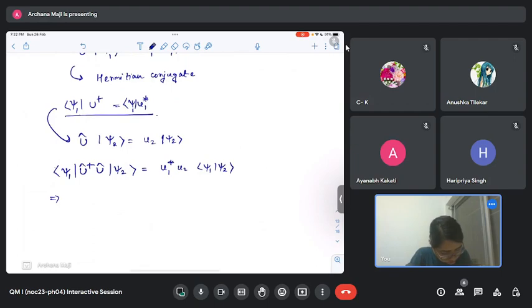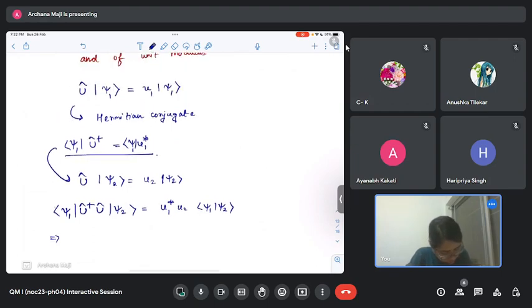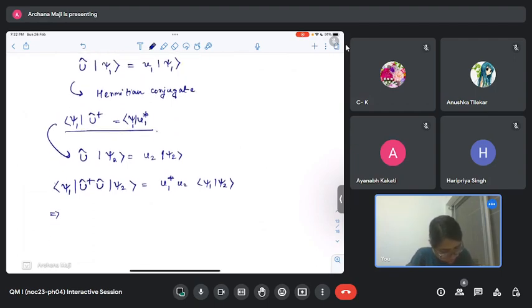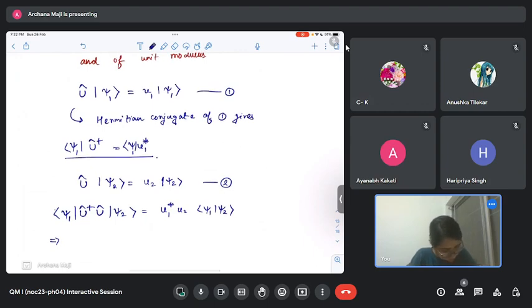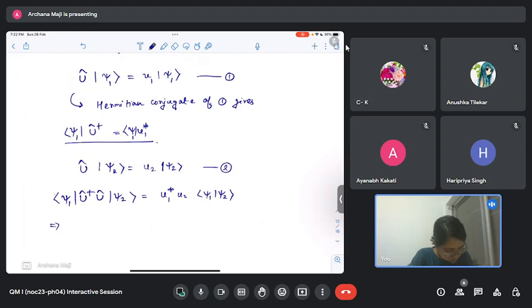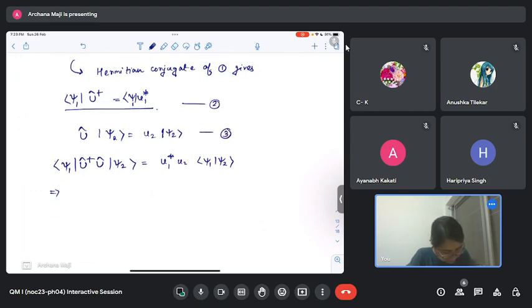So U dagger U, then maybe call it 2. So U dagger U is identity because it's unitary.